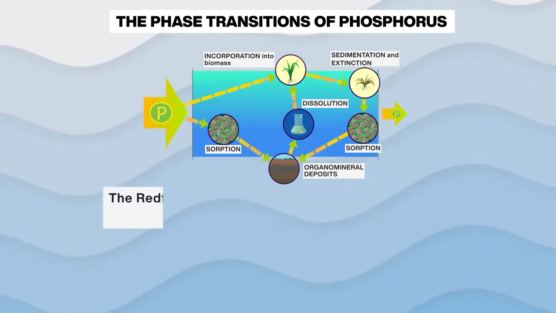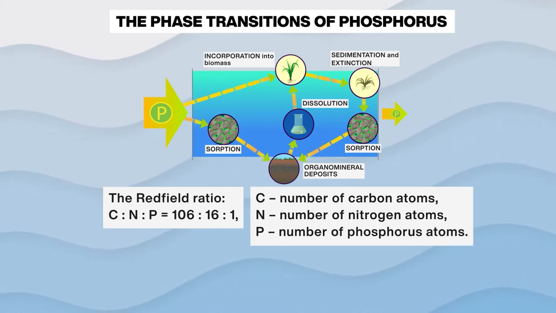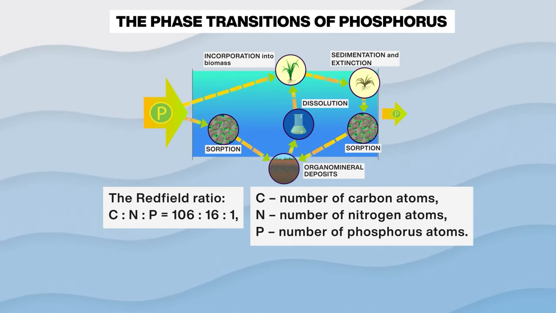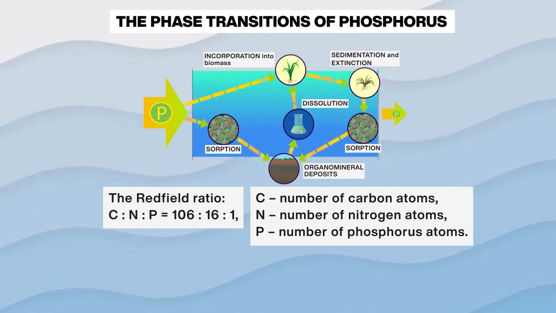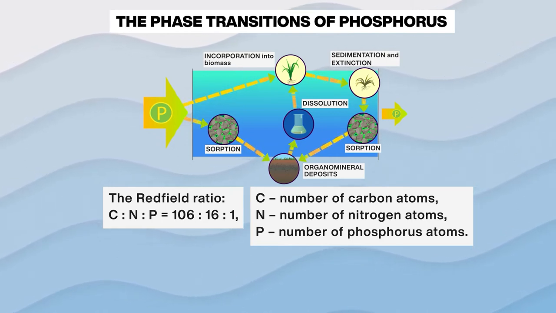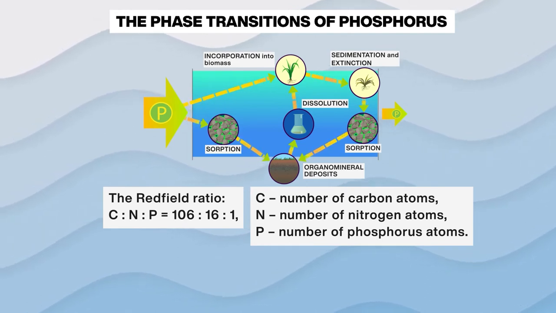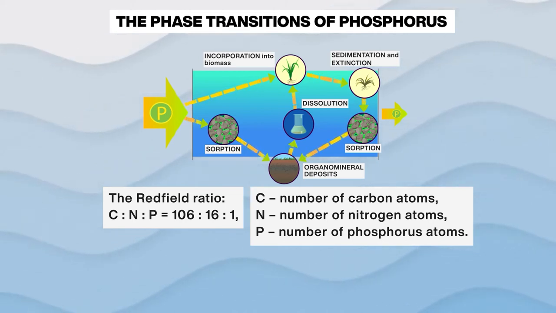The Redfield ratio establishes the proportions between atoms of carbon, nitrogen, and phosphorus in any biomass as 106 to 16 to 1 respectively. Since plants take carbon directly from the atmosphere and not from wastewater, we can exclude carbon from this proportion.